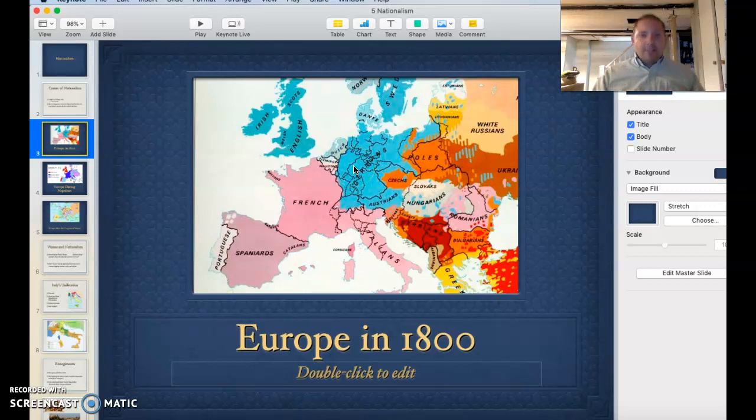And when you think about these larger empires that are taking over these other communities, it makes the people living there ask, well, why, if we're German or if we're Austrian, why do we have Italians living in here? Why, if we're Italian, why are we living in Austria? So it begins to ask that question.